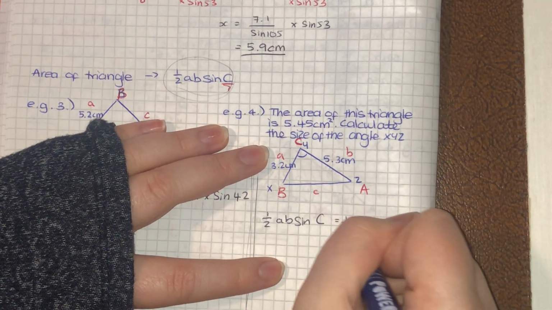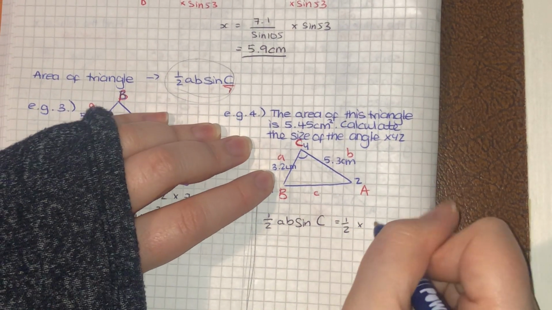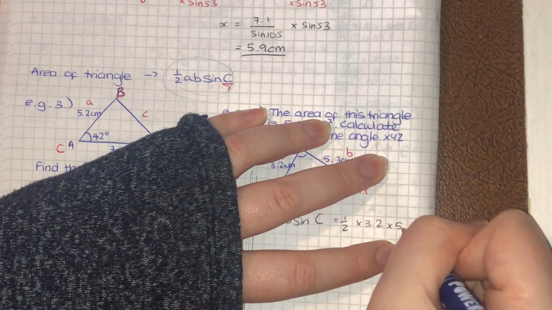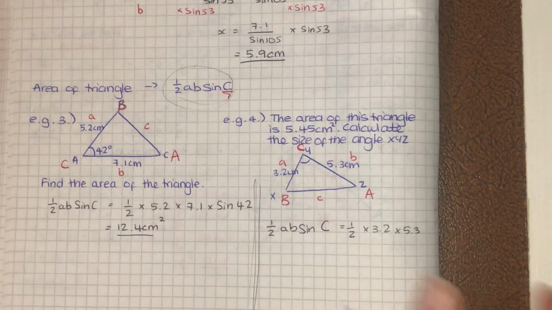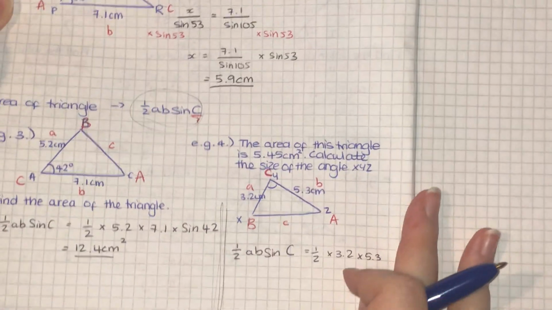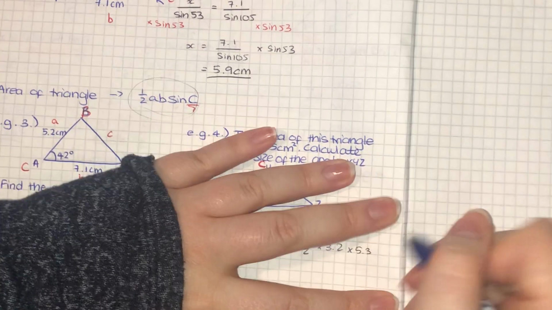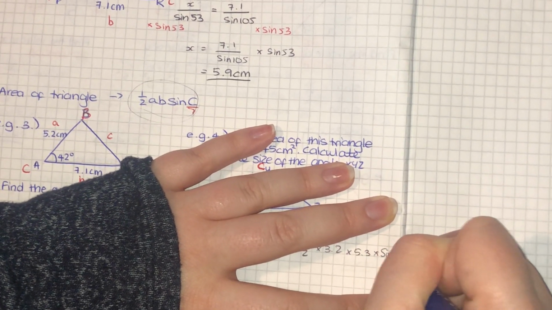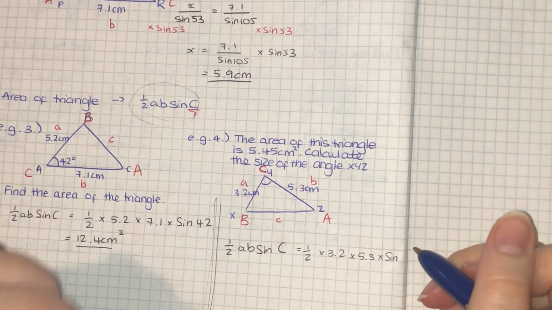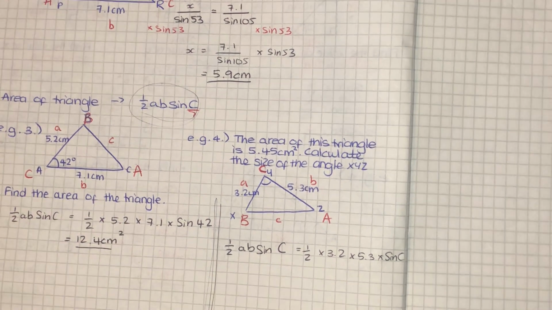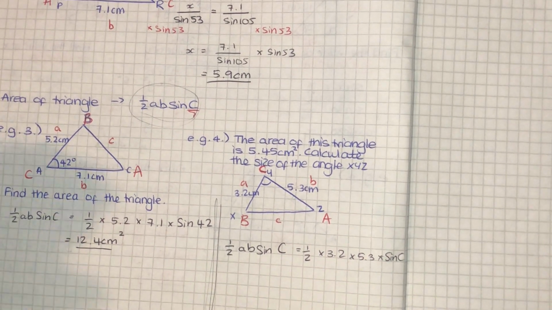So we've got a half times by A, which is 3.2, times by B, which is 5.3. Times by sine of the angle, which they've not called anything, well, we're just going to call it sine C. Okay, now I'm just going to multiply those numbers together using a calculator.